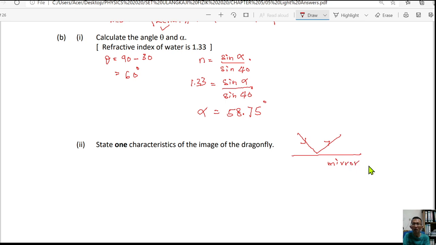So what are the image characteristics of mirrors? First, it is virtual. Plane mirrors, virtual, and next it must be same size. And the next one, laterally inverted.